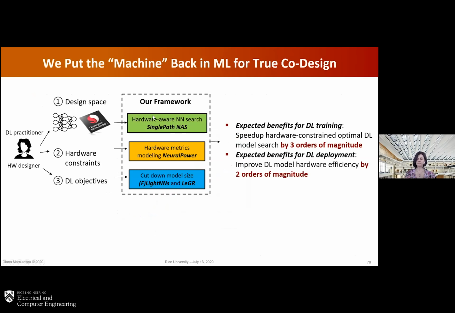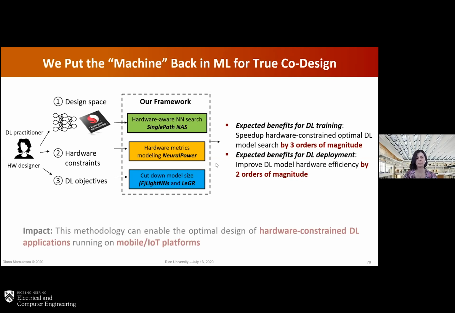So we put together the three components: the modeling, the optimization, as well as additionally cutting down the model size. And the good news is that we can expect to do this search fast by virtue of these efficient hardware metric models that we learn once, by virtue of a single path NAS approach that is efficient, and further achieve up to 2 orders of magnitude efficiency in the model hardware metric characteristics while not cutting back on accuracy.